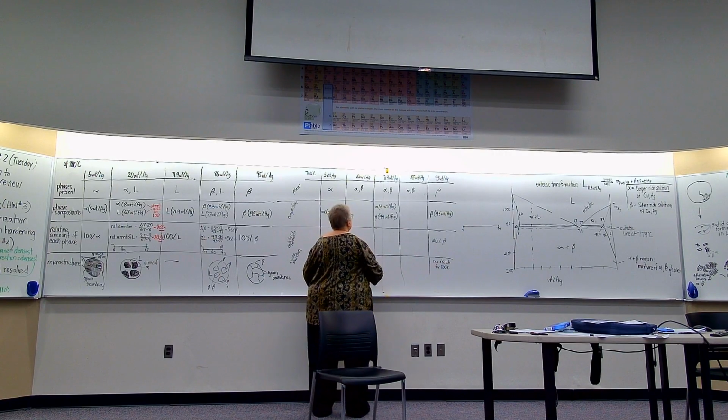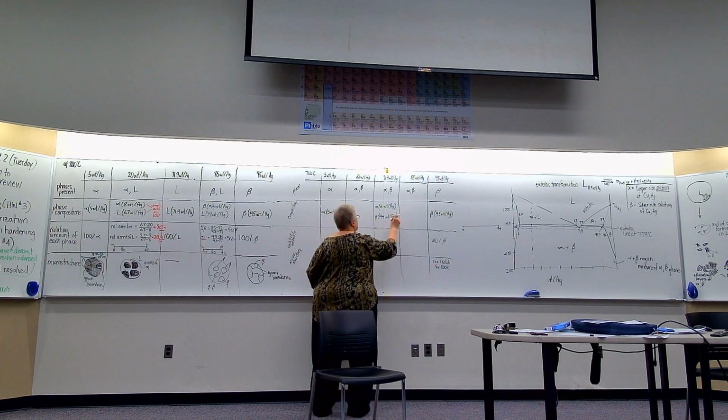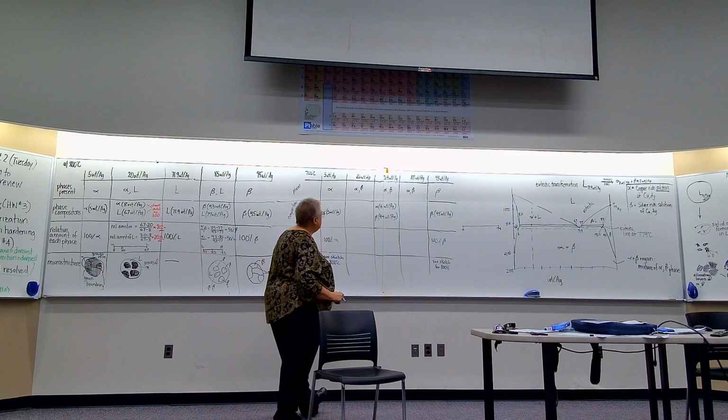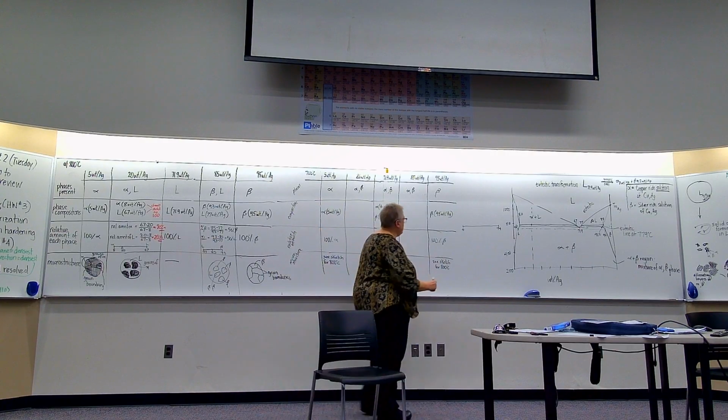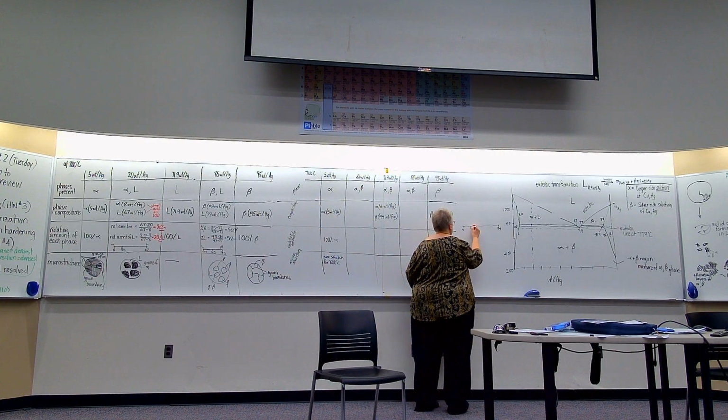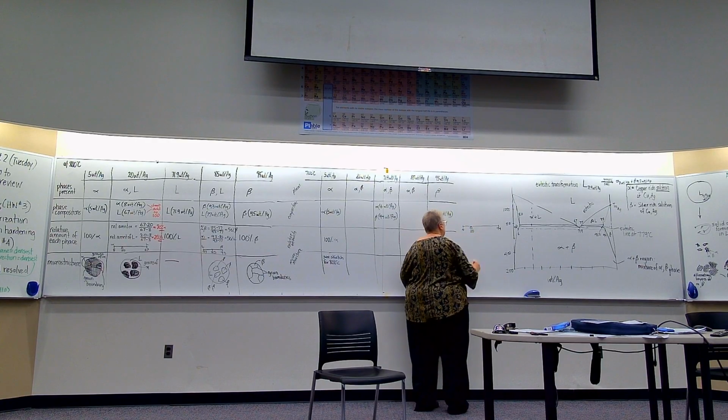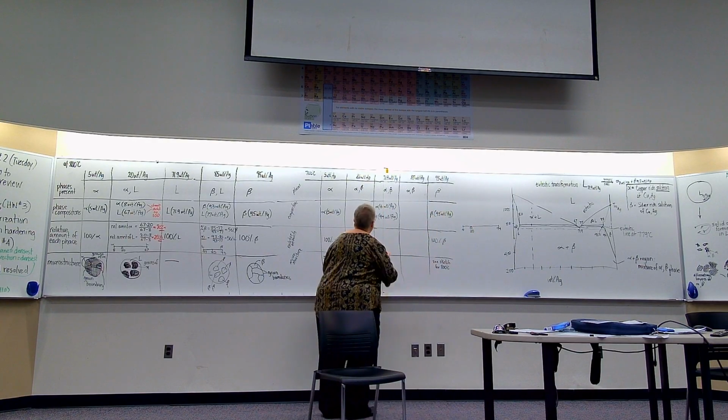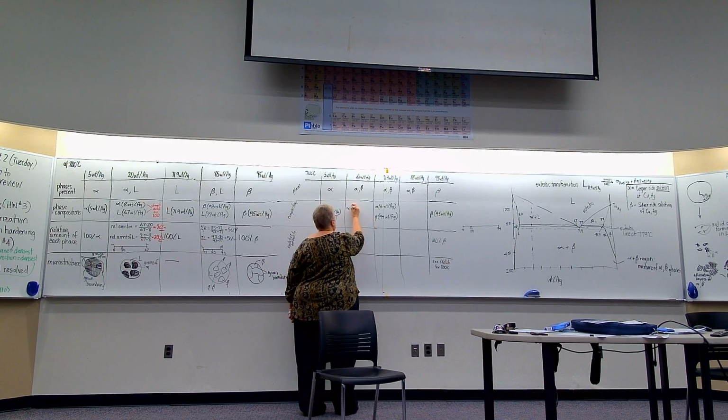The composition of these two phases is the same. When I'm at the 20, alpha is 6 weight percent silver, beta is 94 weight percent silver.